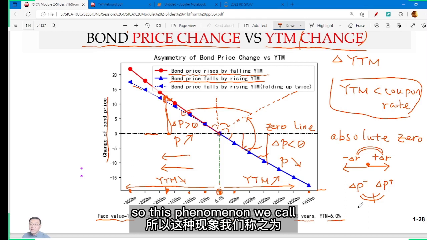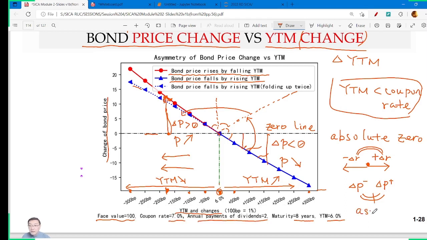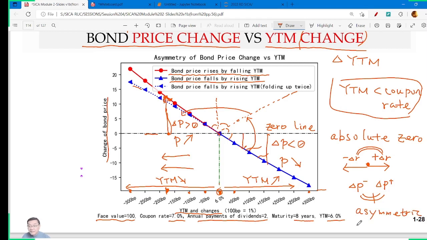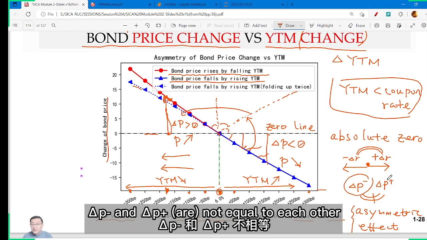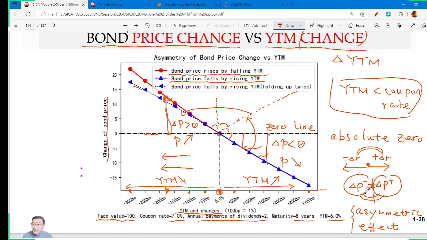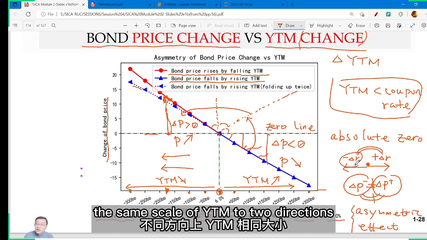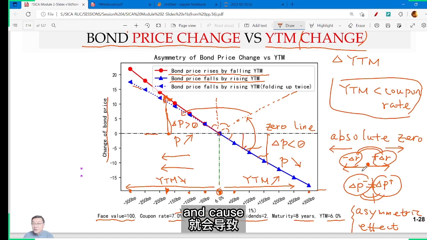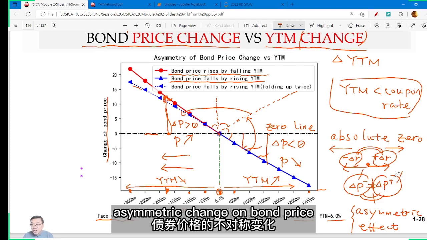This phenomenon we call asymmetric effect. Asymmetric effect means delta P minus and delta P plus are not equal to each other. Although all other things remain unchanged, and we change the same scale of YTM in two directions, one increase, another decrease, it causes asymmetric change on bond price.